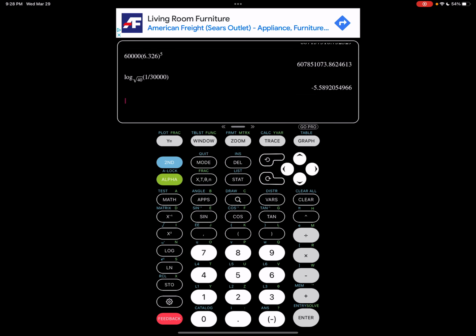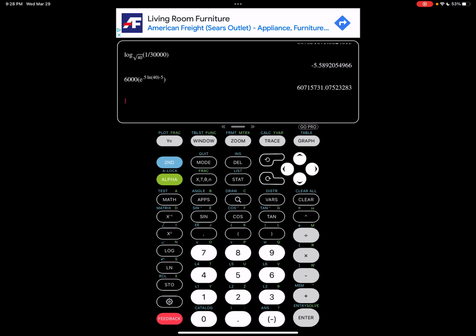We're going to do 60,000 times e to the 0.5 natural log 40 times 5. And look at that, 607,157.